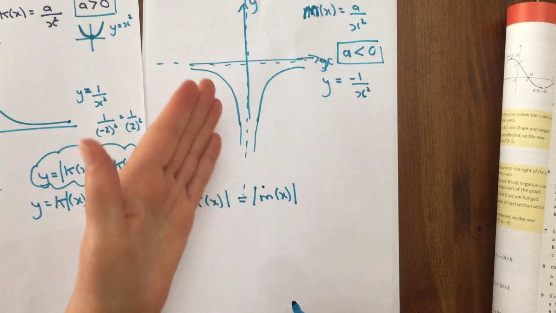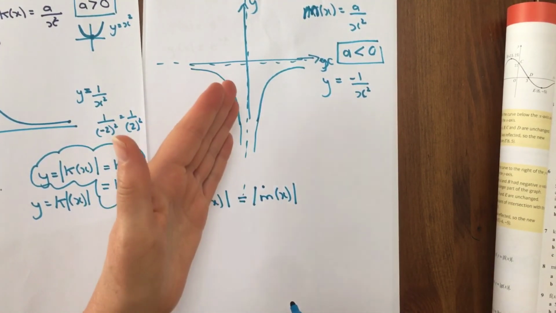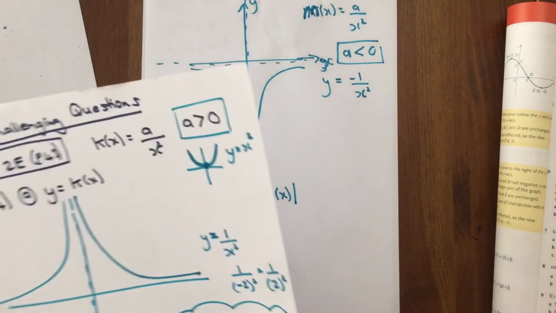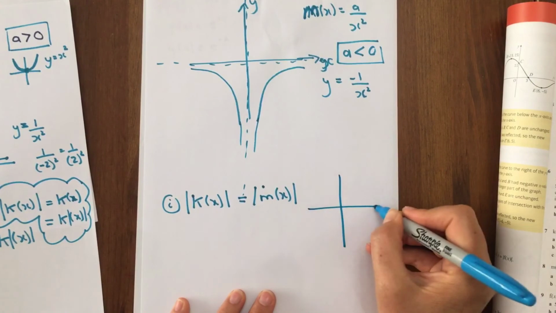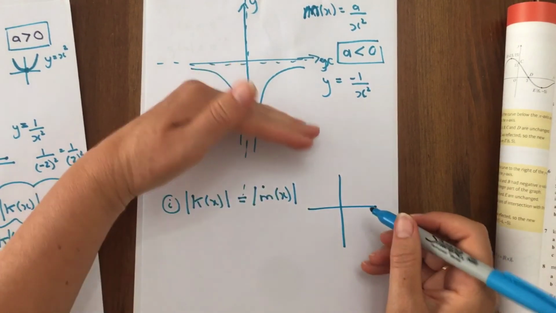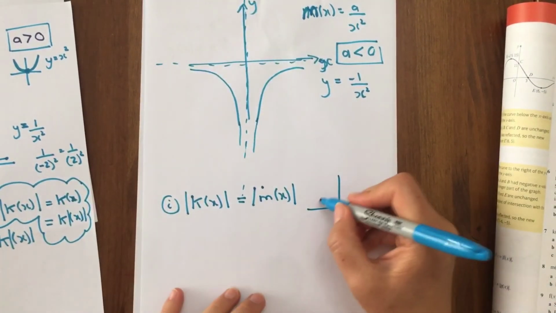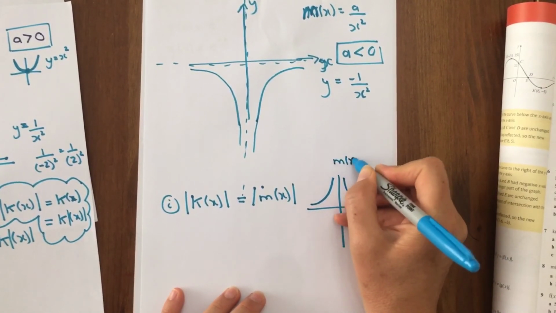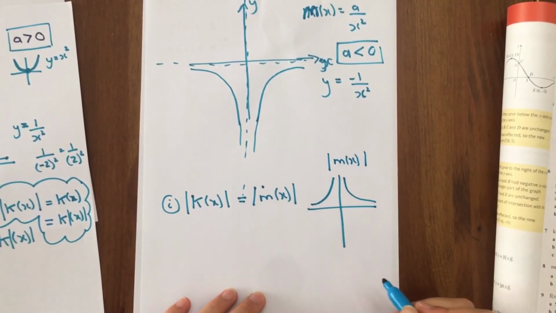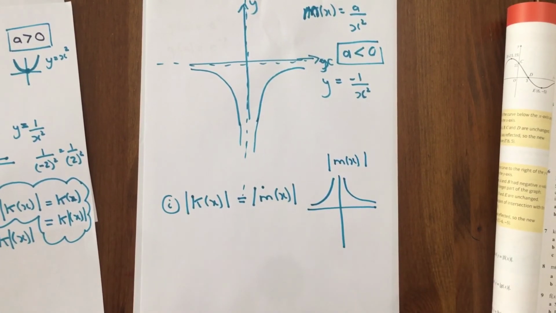Well, let's think what happens. What would the modulus of m of x look like? Well, the modulus of m of x means that all my negative values are flipped to become positive. So this is what my modulus of m of x looks like, which is exactly the same as k of x. So this is true.